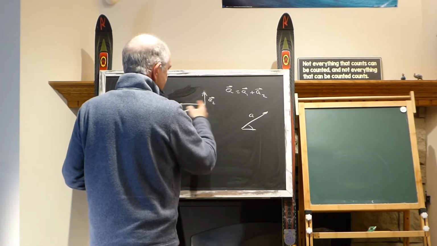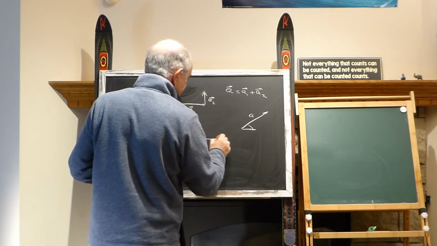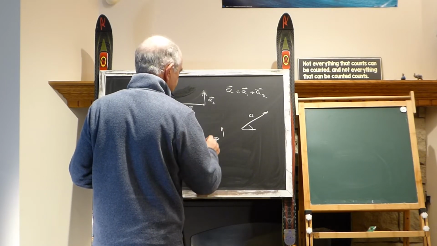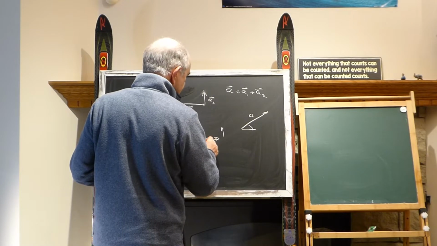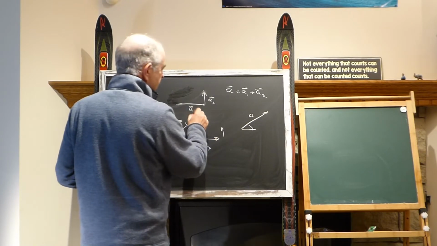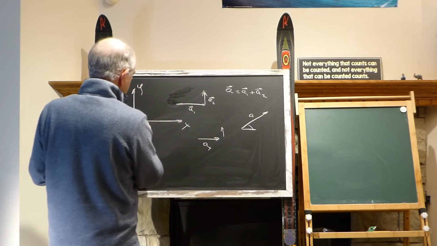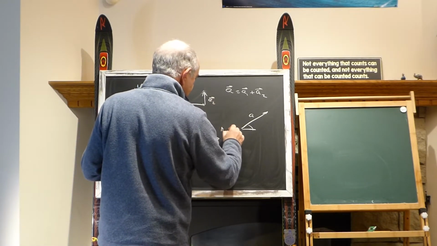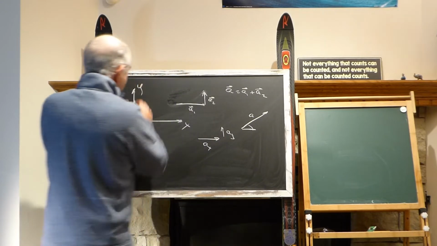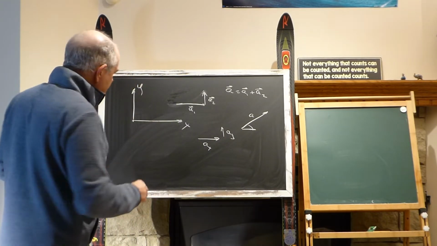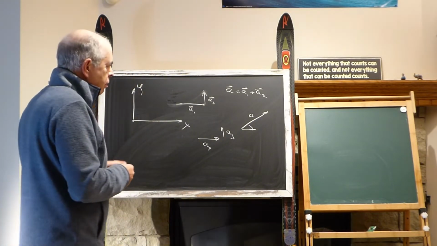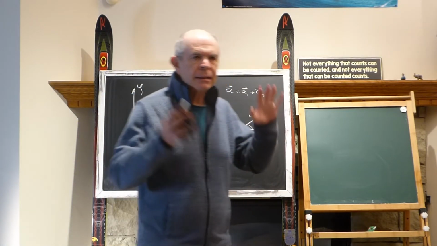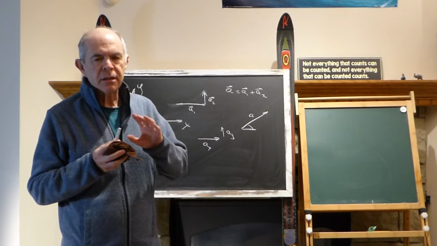This vector is parallel to x, and this vector is parallel to y. So A1 they put as Ax. Nobody writes A1, they put Ax because it's the projection on x. And A2 they write as Ay because it's the projection on y. And so, after we do this, we start acting in two different directions independently.